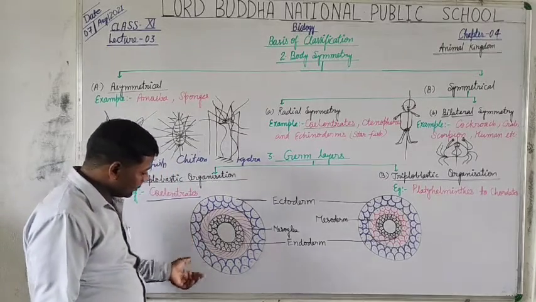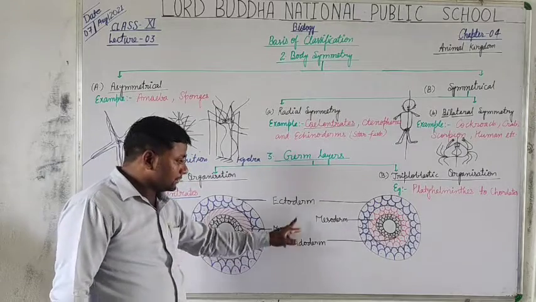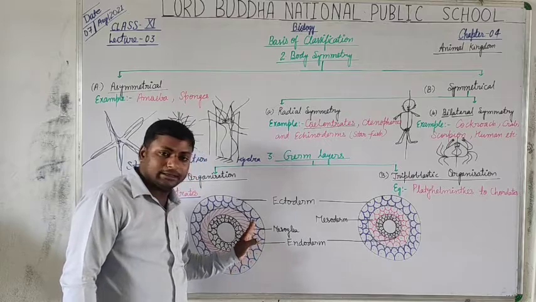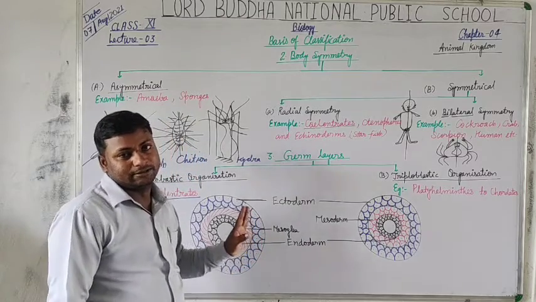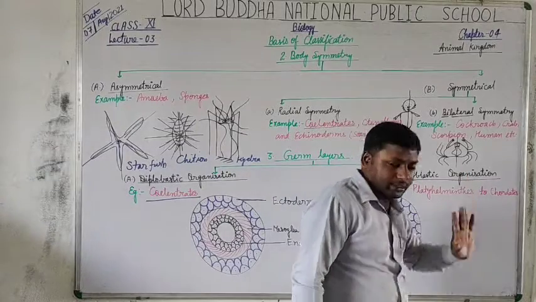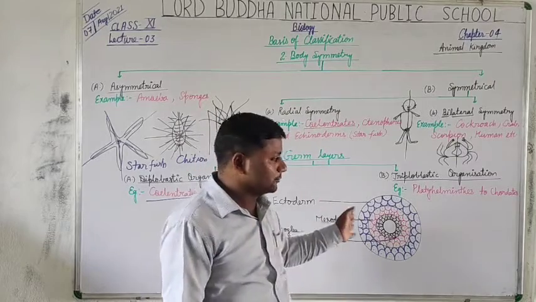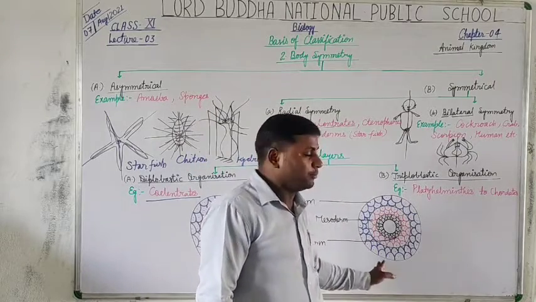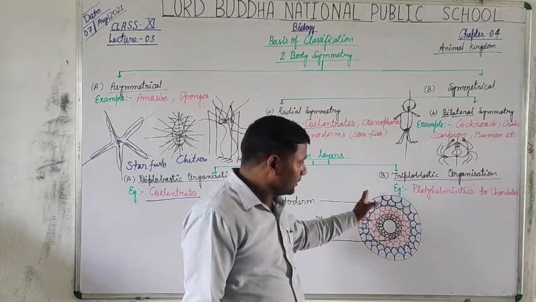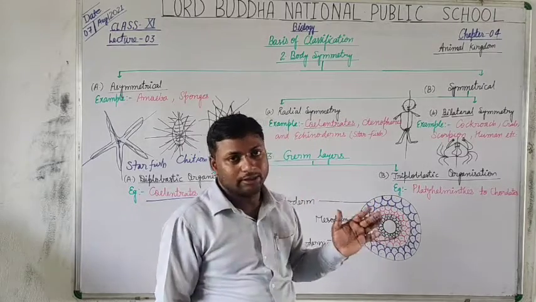This is the structure of diploblastic organization. Only the ectoderm and endoderm germ layers are well developed. The mesoderm layer is partially present. The phyla which possess such germ layers are called diploblastic members.